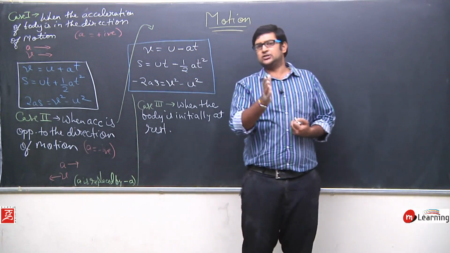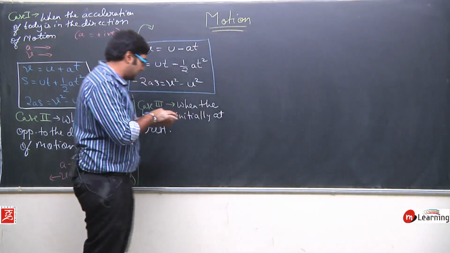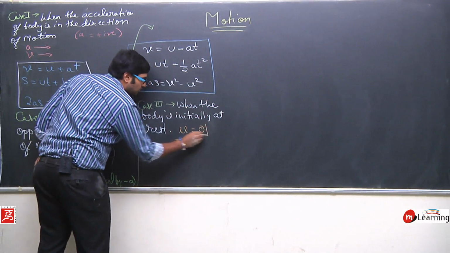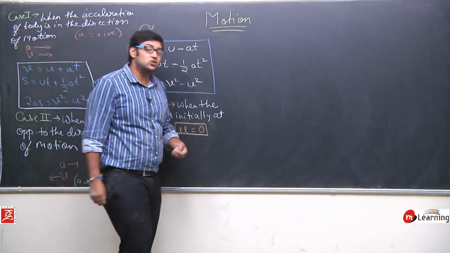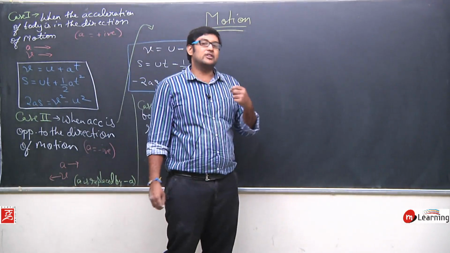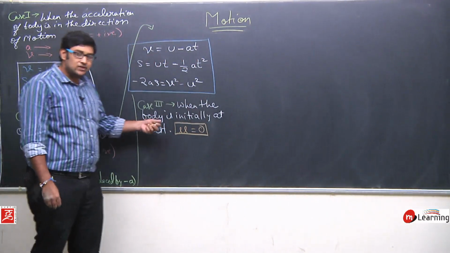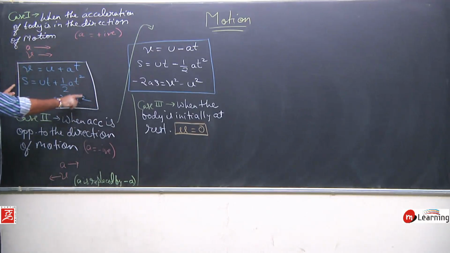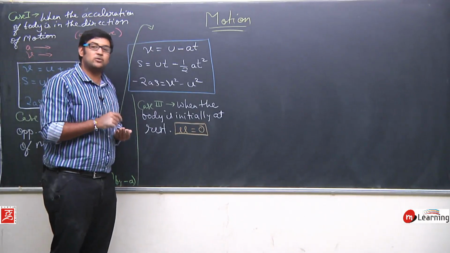So the initial velocity u will become 0. Okay, the condition is that initial velocity u will become 0 when the body is initially at rest. So how will the equations of motion change? You can see in all these three equations, in place of u we will put a 0.